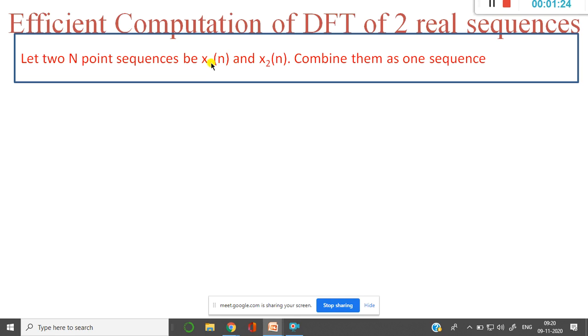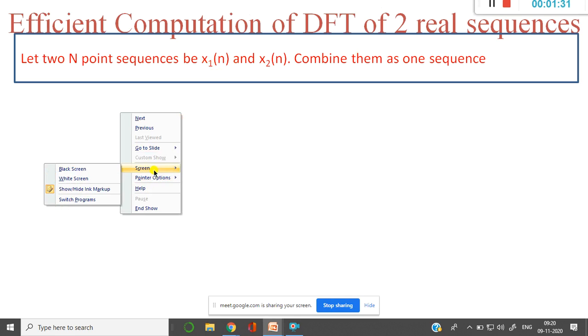If I want to find out the DFT of these, then you should be able to calculate X1 of k and then once again X2 of k separately, right?